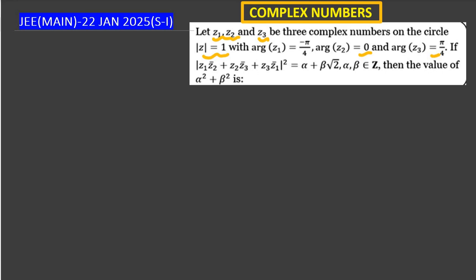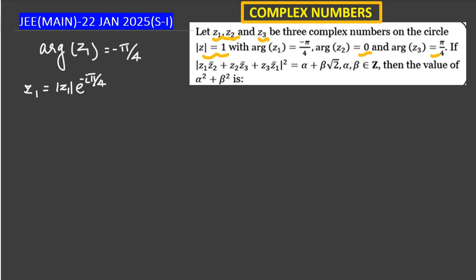So given modulus of Z is equal to 1 and argument of Z1 is equal to minus pi by 4. Therefore, we know that Z1 will be equal to modulus of Z1 into e power minus i pi by 4.